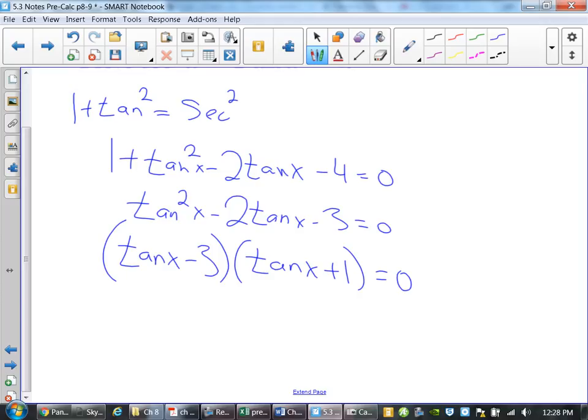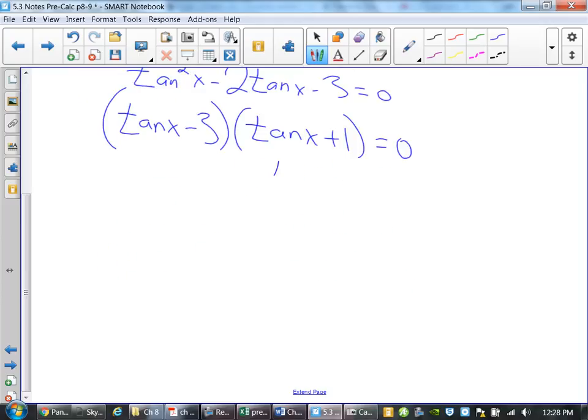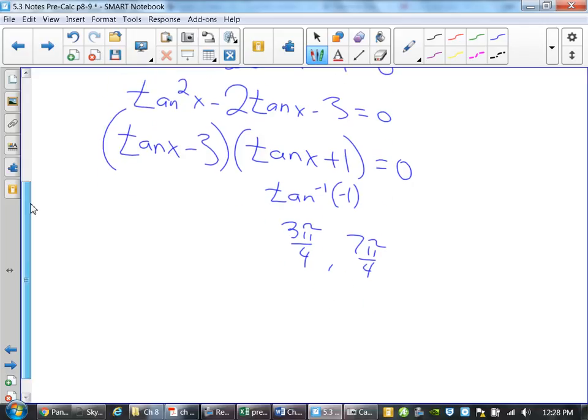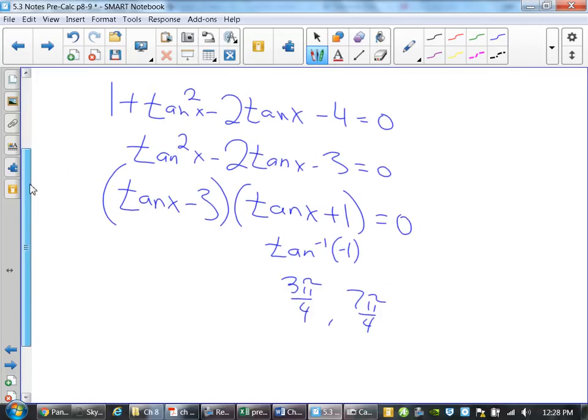One of those you can get an answer relatively easy. What angle has a tangent of negative 1? So that'll be at second quadrant and fourth quadrant. So these are at 3 pi over 4, 7 pi over 4. Was this on the interval? I forget.